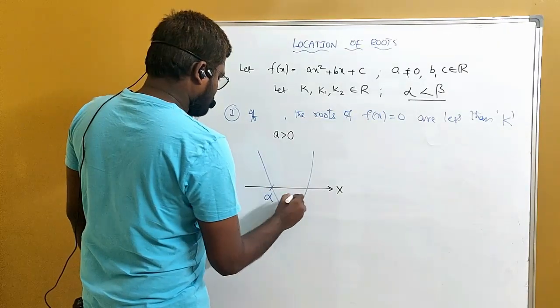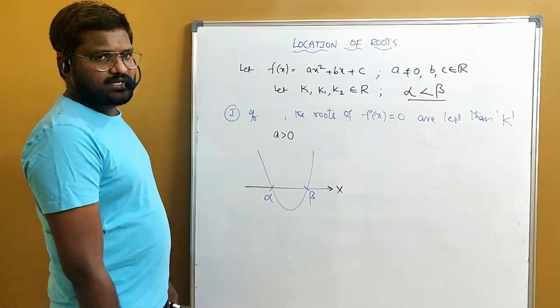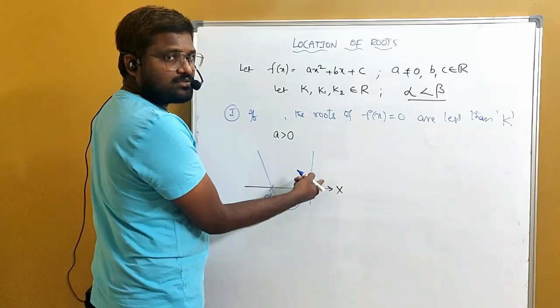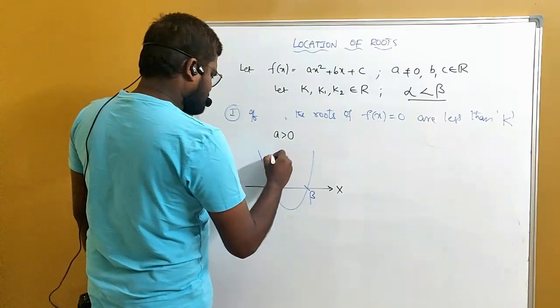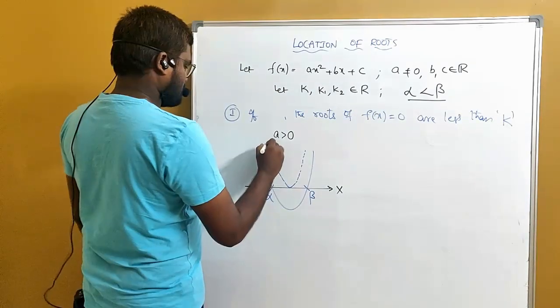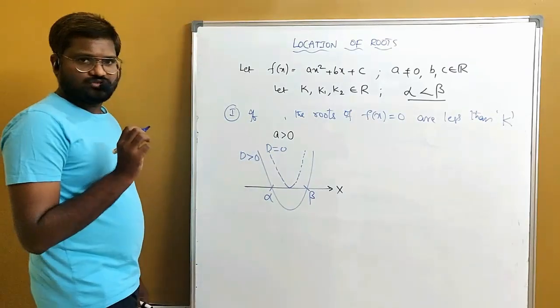And just now I told you alpha and beta are the roots of this quadratic equation. This is when D greater than 0, two distinct roots. But there is a possibility that roots might be equal also. This is D equal to 0. This is D greater than 0.